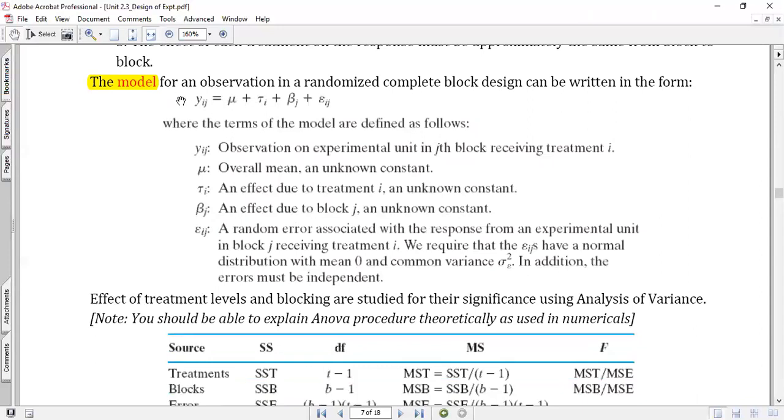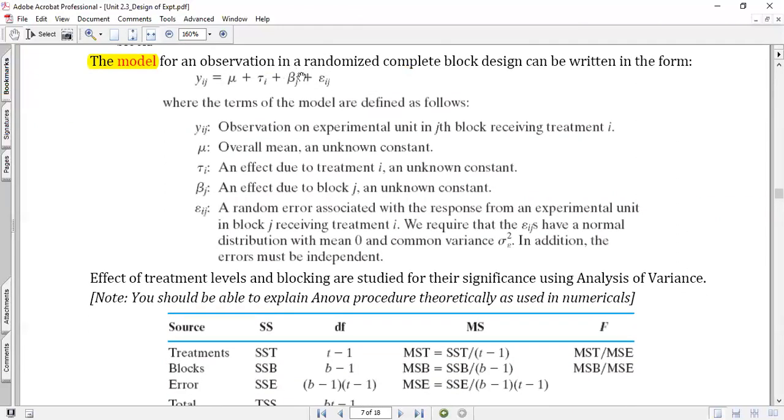The model is similar to what we have in RCT: you have the mean, you have the standard error, the natural variation, and a term due to your primary factor. Tau is for the primary factor, beta is for the block. So one extra term has come over the RCT.